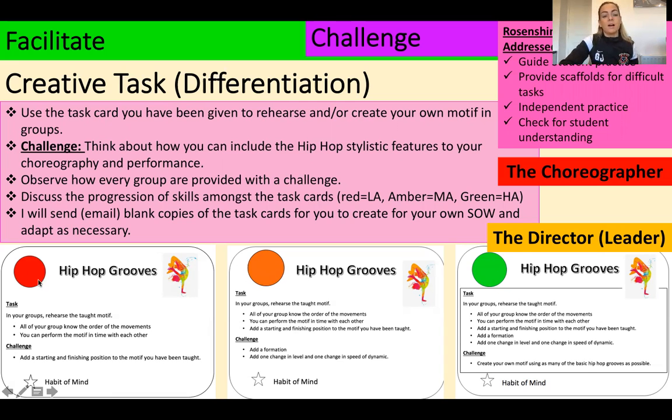My red are my easier task cards, my amber or orange are my middle ability, and my green are my higher ability. Once we've learned the motif that we've just taught from those hip hop grooves, I then give out the task cards, and they have these tasks that they need to complete within their group. The groups that I set are usually based on ability. Sometimes I do mix it up, but this is just a really effective way of using the cards.